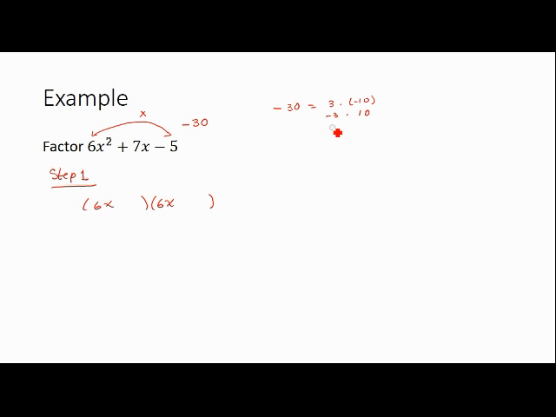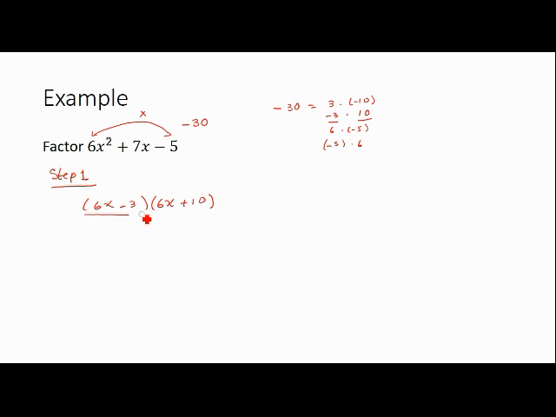It could also be 6 times -5, or -5 times 6. So we need to choose which one works. It could also be 15 times 2, but we can see easily that the one that works is -3 times 10. So our numbers are -3 and 10.